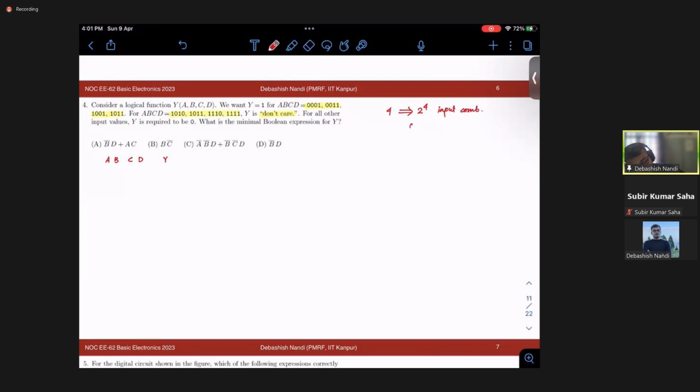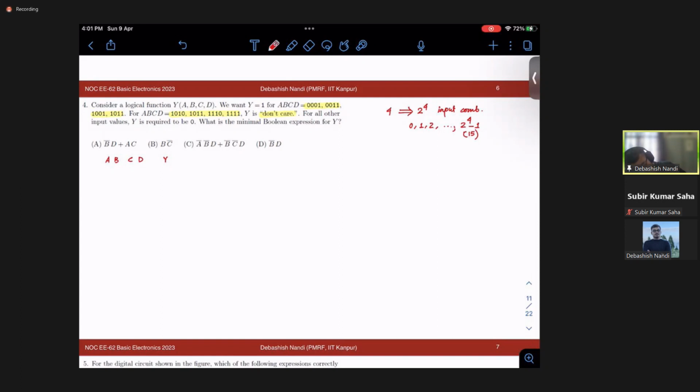And what is 2 to the power 4? 0, 1, 2, up to 2 to the power 4 minus 1. That means 15. So we will write the 4-bit binary form of the numbers.